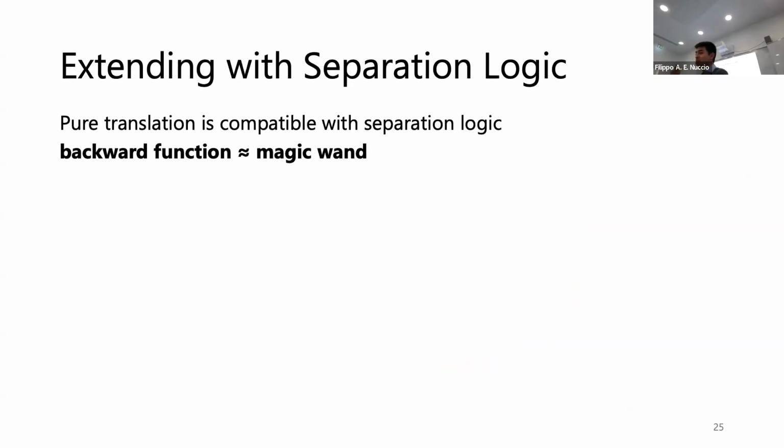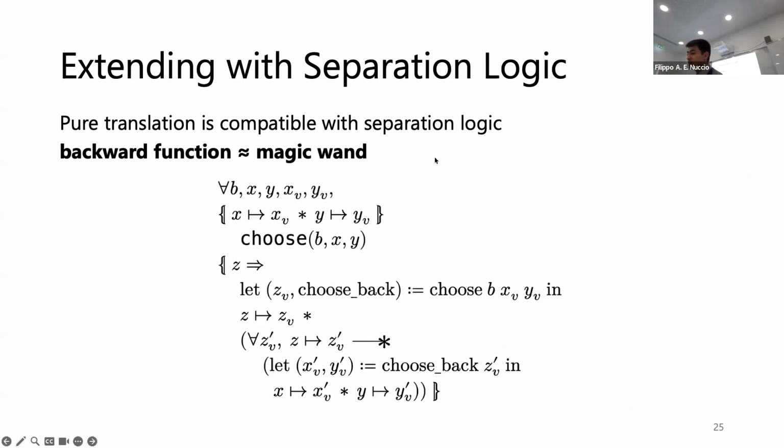The key idea here is that the pure translation is very compatible with separation logic. So this notion of backward function that I introduced to functionalize what it means to have a lifetime is essentially a way of functionalizing a magic wand. So if you look at the choose function again, in theory, it should be possible to prove the following triple.